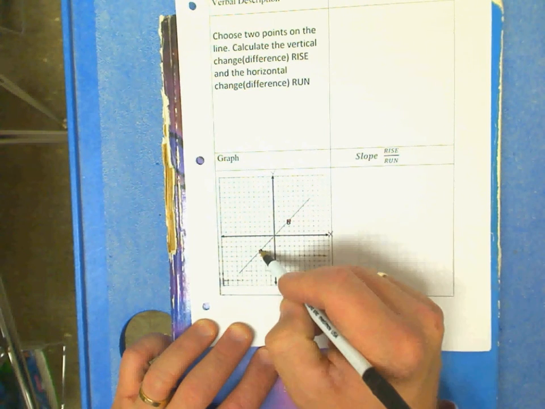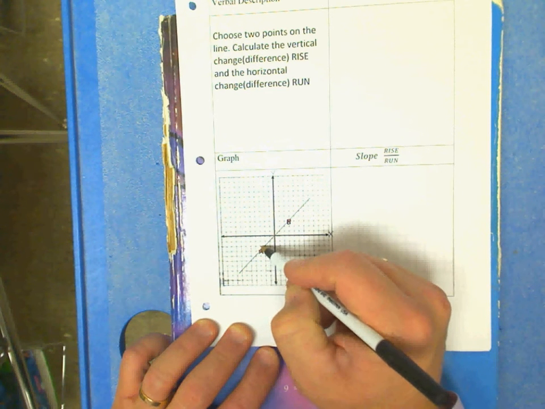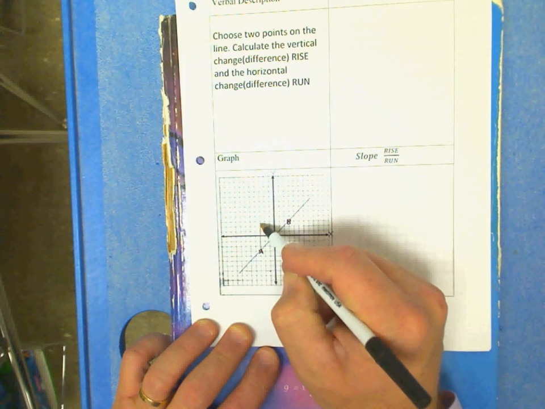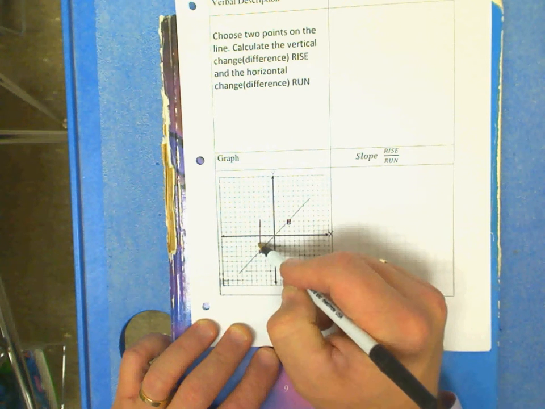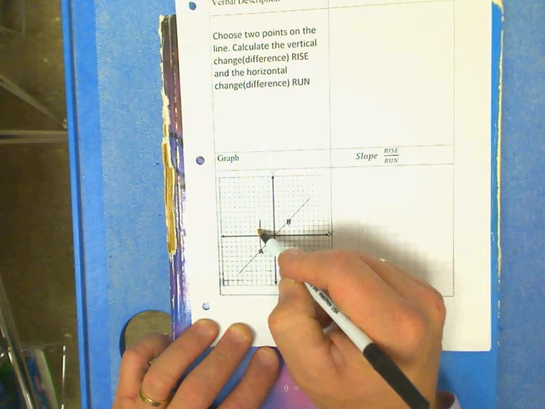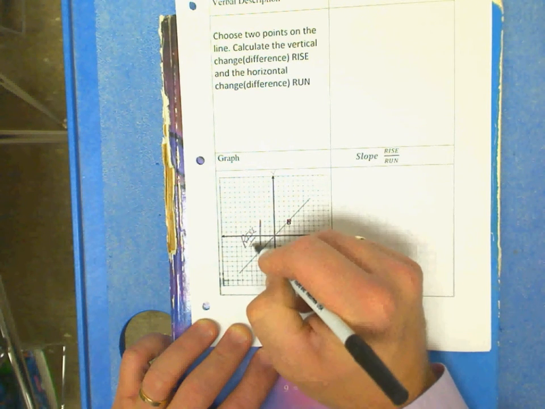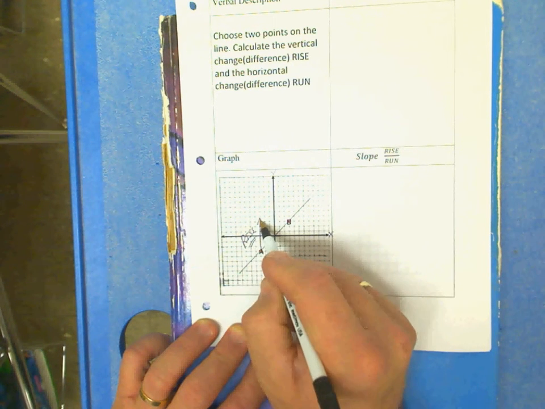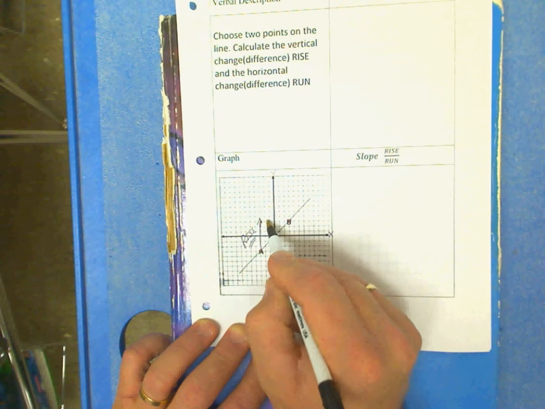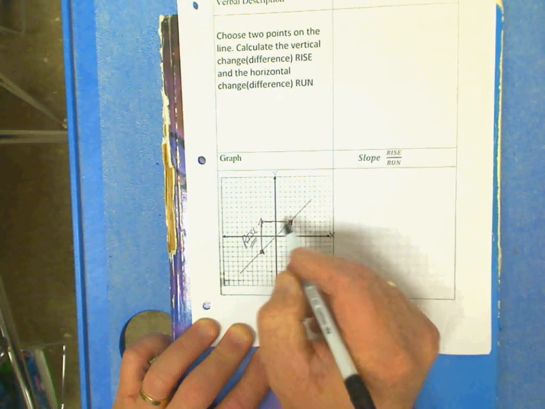So if we pick this point right here and this point right here, we're going to go up until we intersect the line right there. So we go up 1, 2, 3, 4, 5, 6. That's the rise. And then we go over 1, 2, 3, 4, 5, 6. So that's the run. The run is that way.